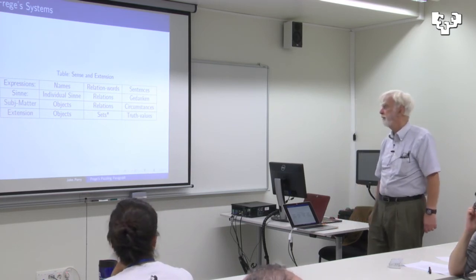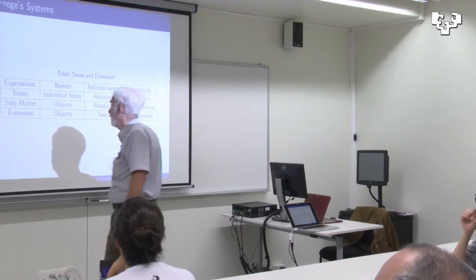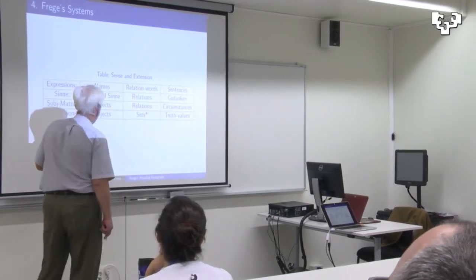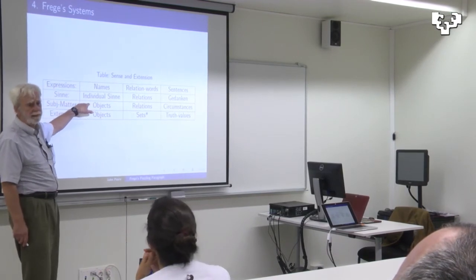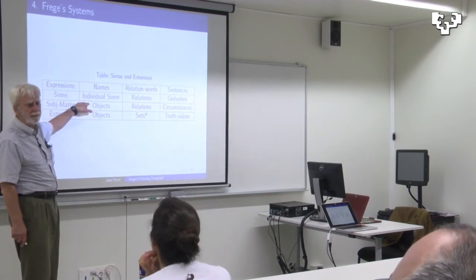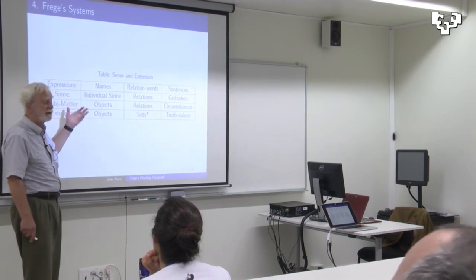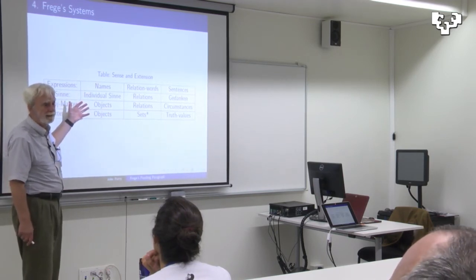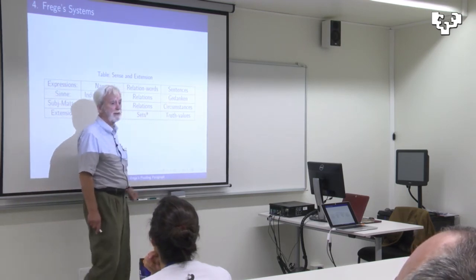So you have the so-and-so, and the question is, well, at this level, is the so-and-so going to be the state of affairs involving the thing that is the so-and-so? So the so-and-so is such and such. So is that going to be the state of affairs of the thing that is so-and-so being such and such?